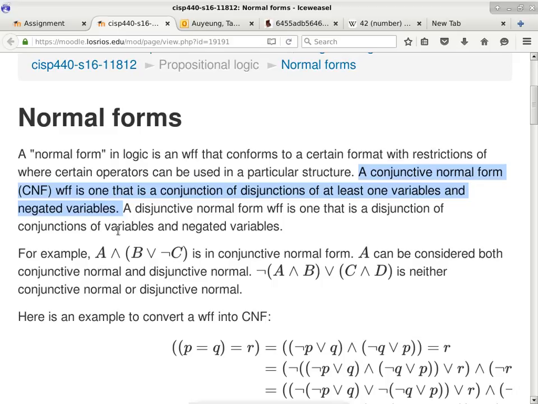is from the gate perspective. If you look at it from the gate perspective, you have a big AND gate that is the last stage. And then in the earlier stages, each one is a disjunction. So that's one way to look at it. For those of you who know what a gate is, this is how you look at it. The output of all the OR gates feeds into the AND gate.